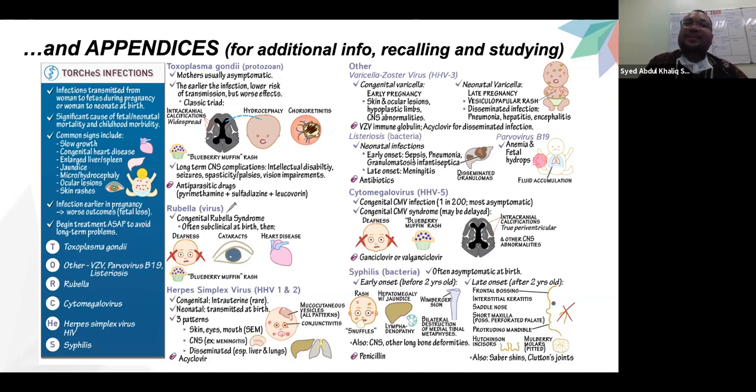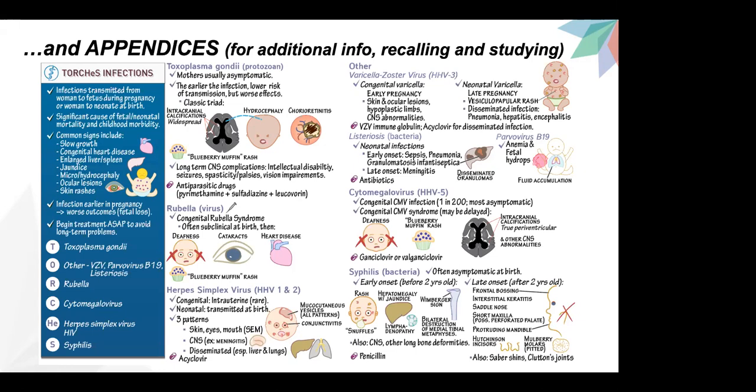Or another example, ITP, we can give immunoglobulin, basically just to compete with the autoantibody process. We load the body with the immunoglobulin. That's the mechanism. Thank you, doctor.